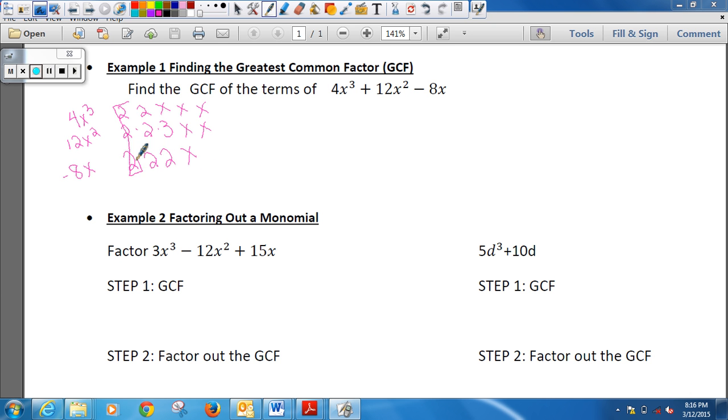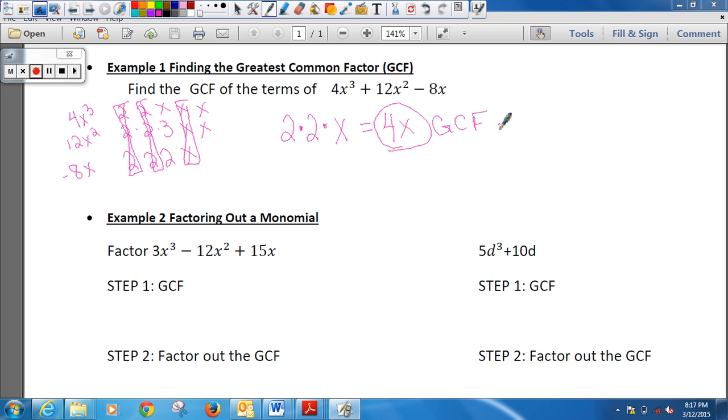They have a 2 in common, another 2 in common, and then they each have at least one x. So I have a 2 times a 2 times an x as the parts that they have in common. Well, 2 times 2 times x is 4x. So that makes my GCF of these 3 terms 4x, and that's all it asked us for in this step.